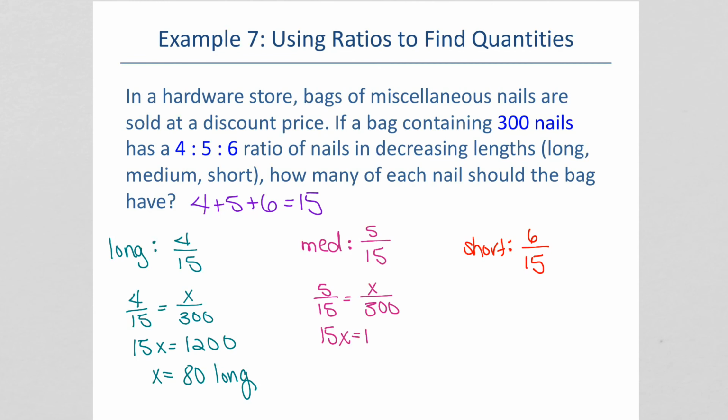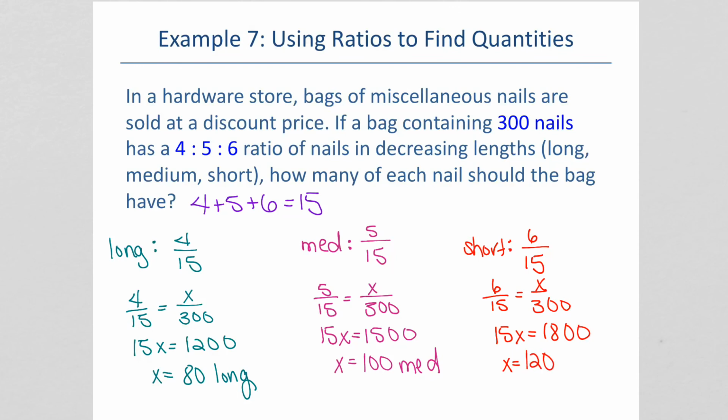Cross multiply. And there's 100 medium nails. And last, 6 over 15 equals x over 300. Cross multiply. And there's 120 short nails.